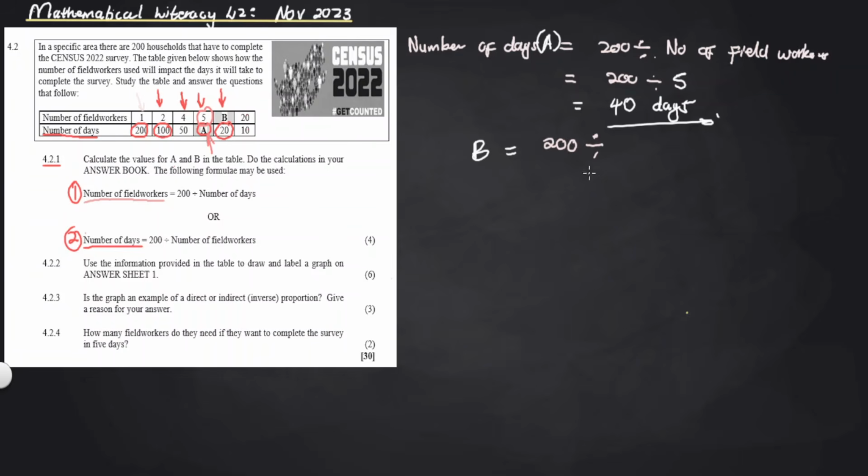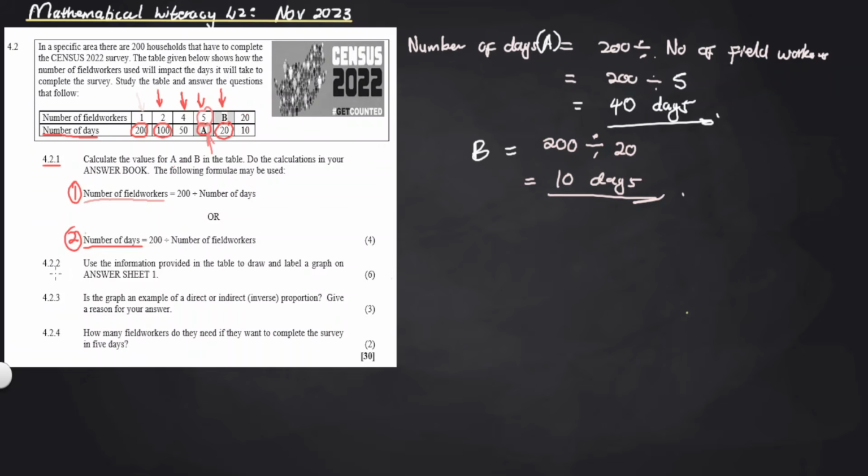For B, the number of days is 20. 0 cancels 0, so that's equal to 10. So it's going to take 10 workers. Here we go. Now we have A and B for 4.2.1.